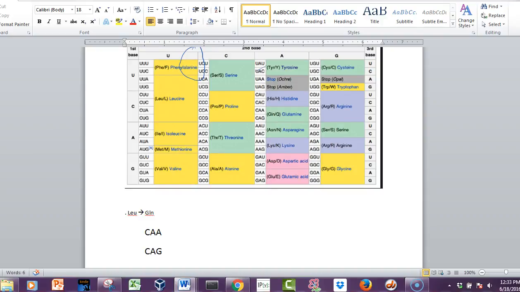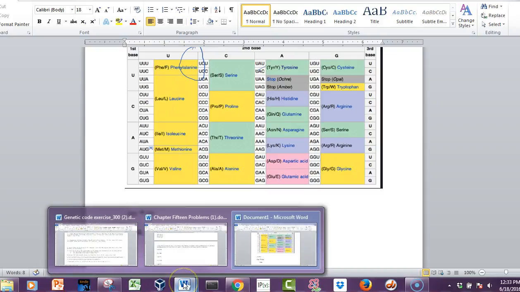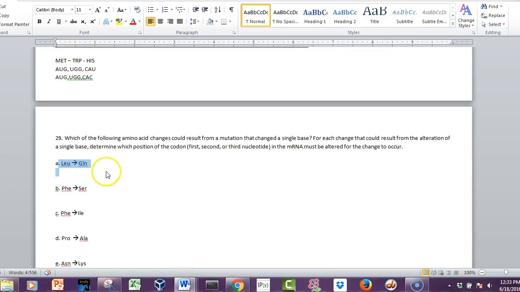Now leucine is all these other possibilities. So leucine is CUU, CUC, CUA. So if we take leucine, one of the possibilities for leucine is CUA. If we just change that middle nucleotide from a U to an A, we go from leucine to glutamine. So yes, we could do a one nucleotide change to go there.